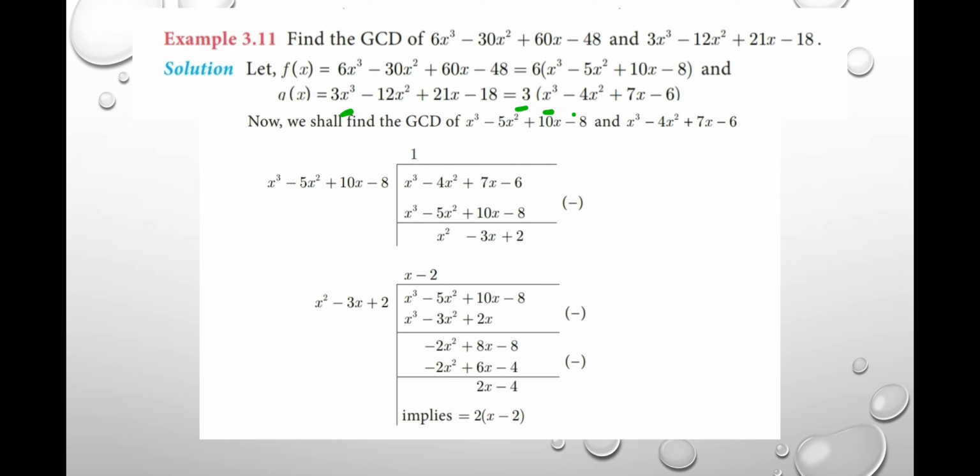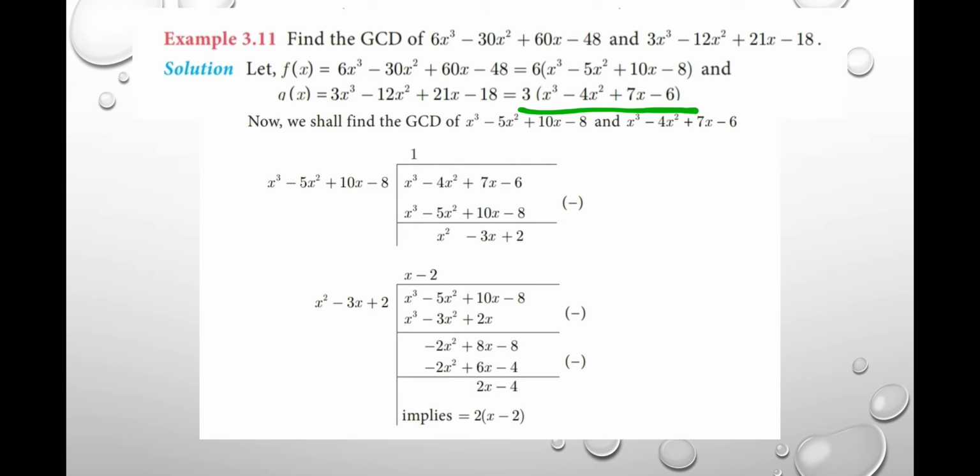Minus, how many 3s are there? 4 3s are there, so remaining 4x square. Here 3 7s are 21, so take 3 outside, then remaining is 7x. Then 3 6s are 18, so write minus 6 inside. So we get 3 into x cube minus 4x square plus 7x minus 6.